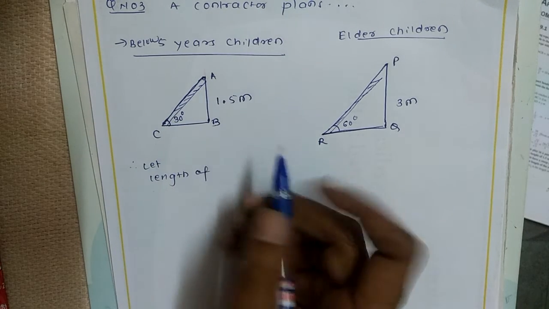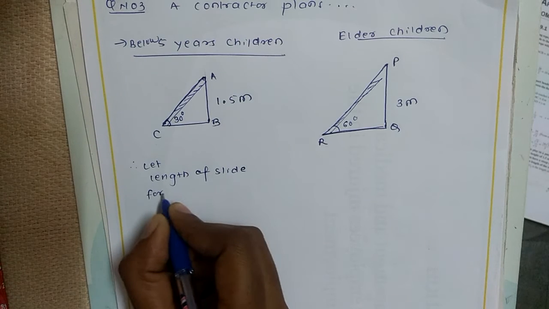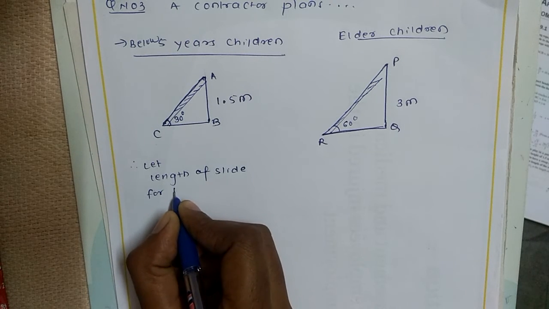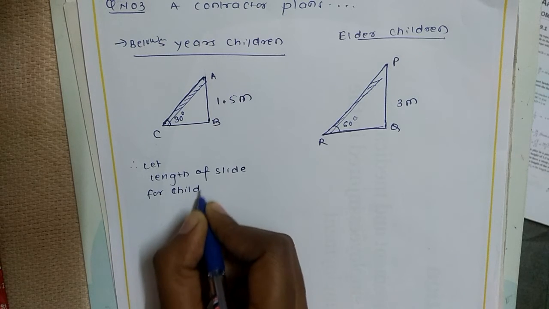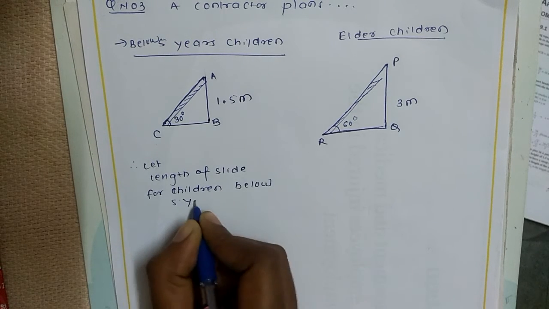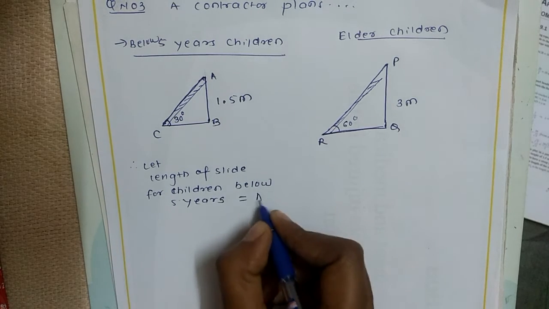So we'll take length of slide for small children, children below 5 years, to be AC.